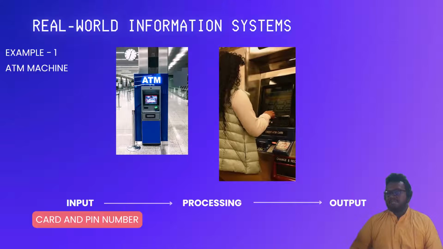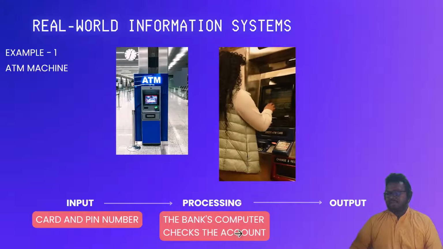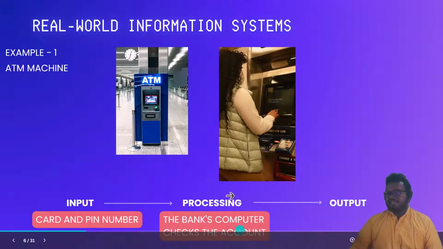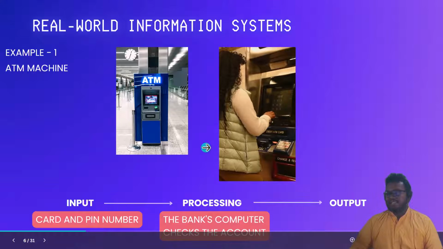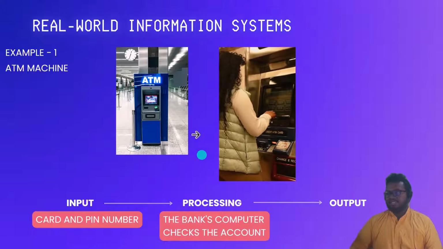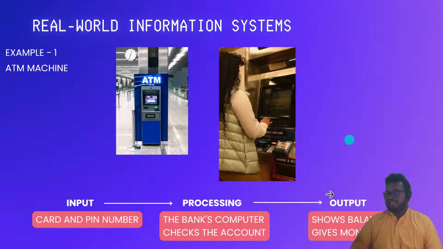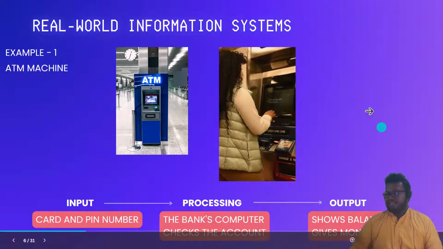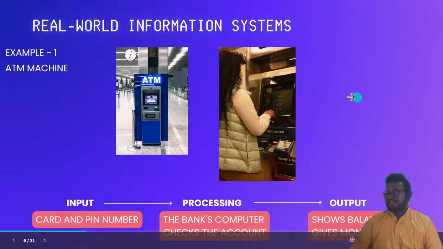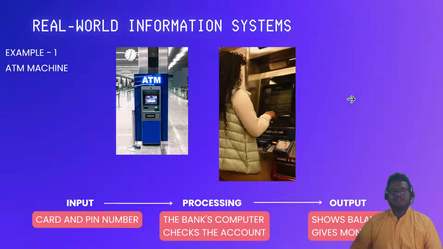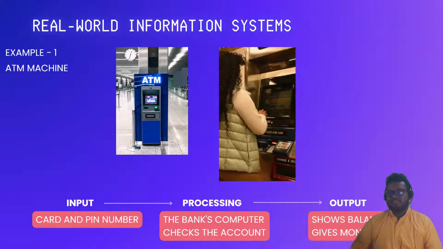The processing part is the bank checking our account inside that computer, and what is the output in an ATM machine? We can see our balance and it gives money as the output.